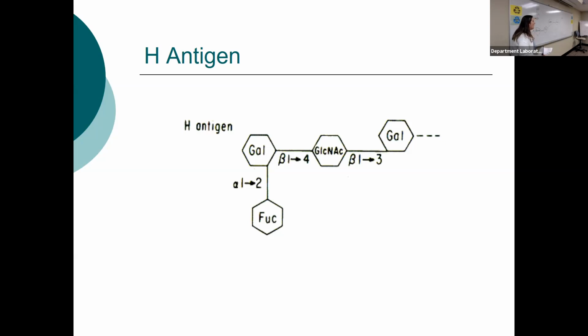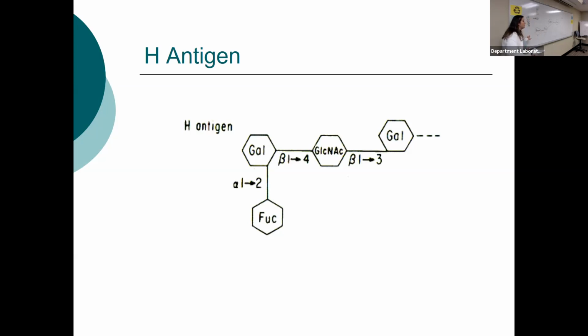So if you are ever asked what group has the most amount of H substance, it's group O, okay? That is a really good board of certification exam question. They might ask you that. Because the ABO system is determined, H substance has to be there for the addition of L-fucose. Okay, so that's O. Does everybody understand that?